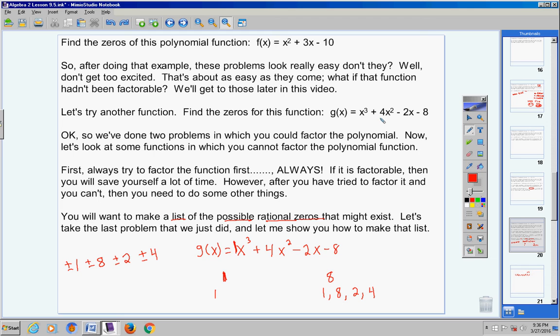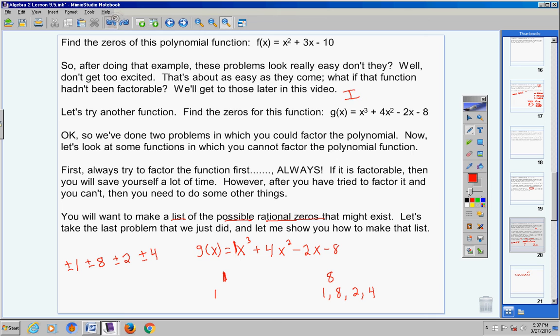I know that, but if there is a rational zero for this function, and we know there is because we already solved it, it'll be somewhere in this list, guaranteed. That's a mathematical fact, okay?